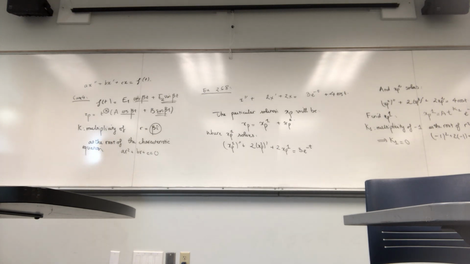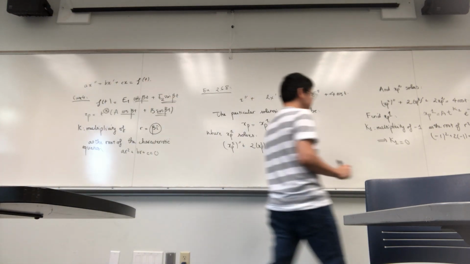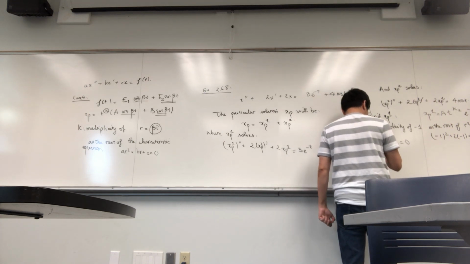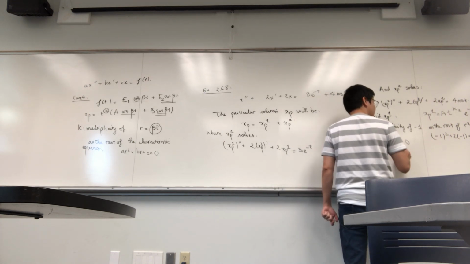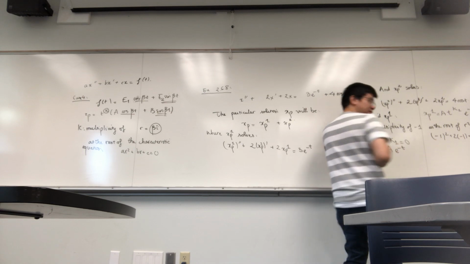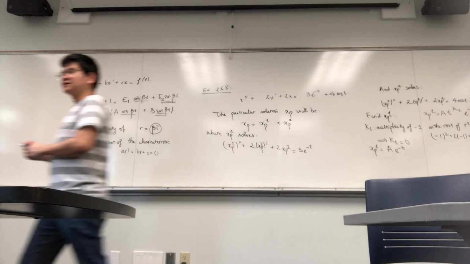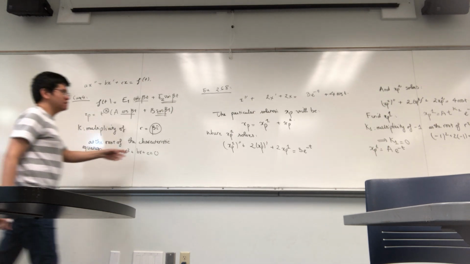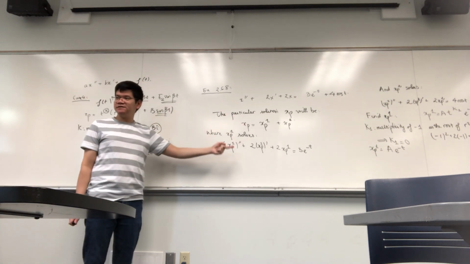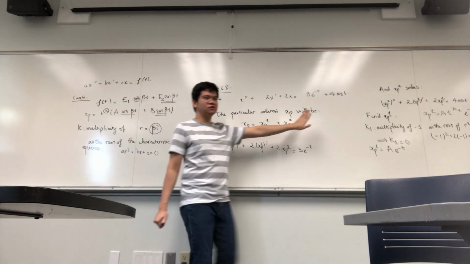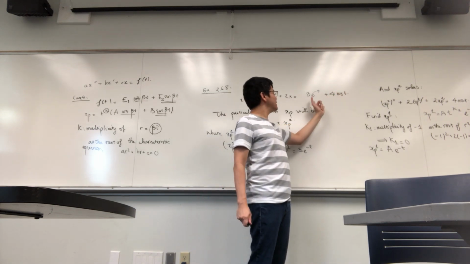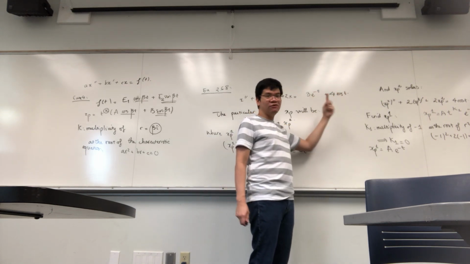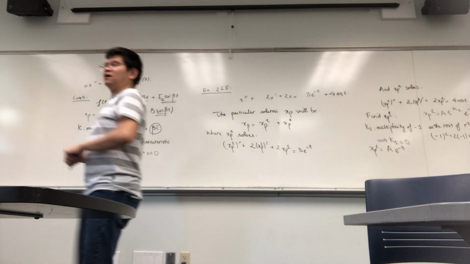Questions? Good. So this means that xp1 will be a times e to the power minus t. All right? I'll explain again. In this case, you have a force which is the sum of 3e to the power minus t and 4 cosine t.